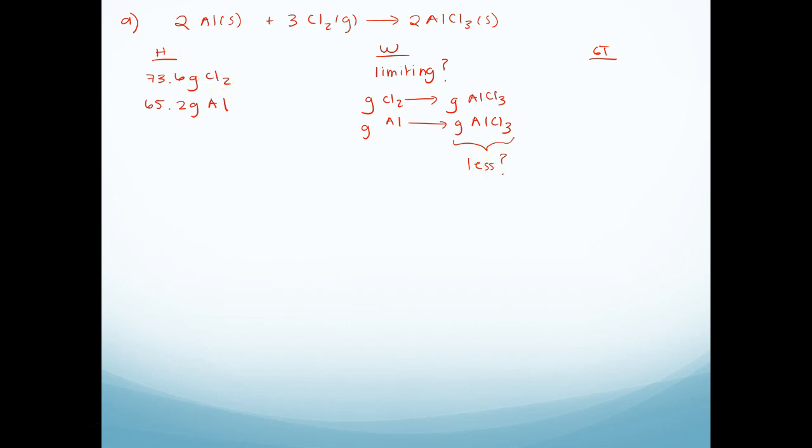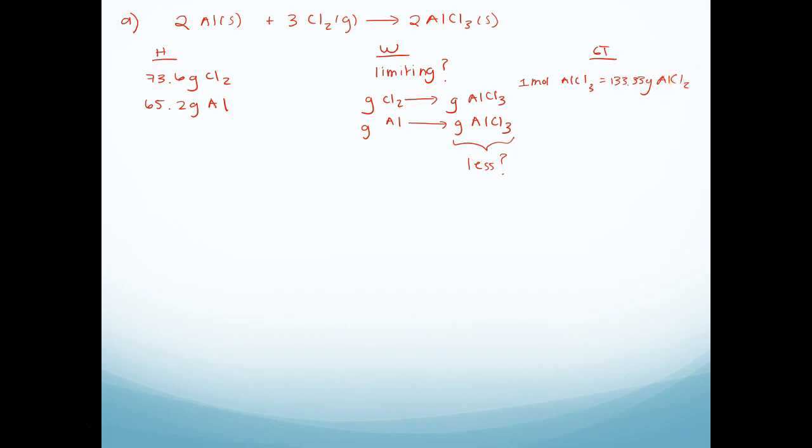So now we want to think of all the pieces we need. If I need to go from grams of this to grams of this, I need a lot of molar masses. So one is for the product. 1 mole of aluminum chloride is going to weigh 133.33 grams.